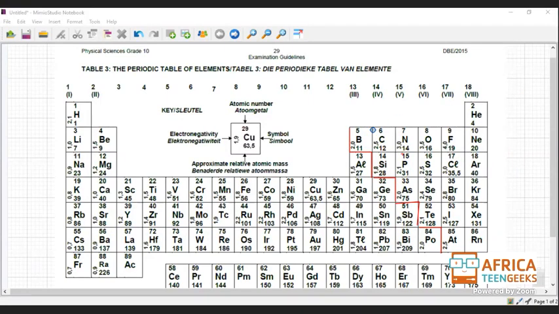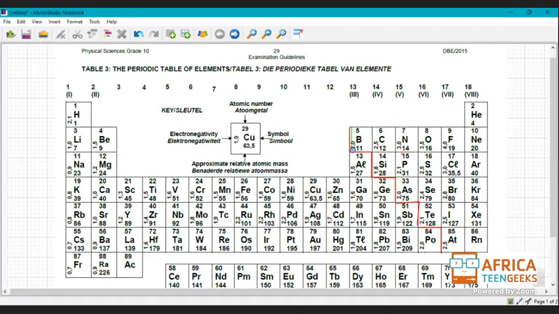So for metalloids, we have boron. We have silicon. We have germanium. Arsenic.